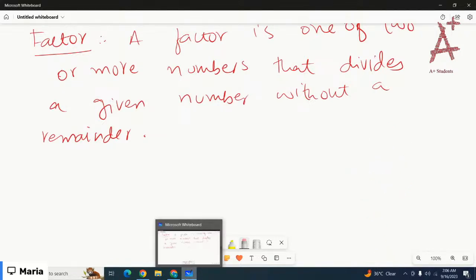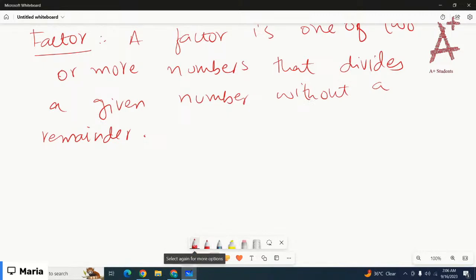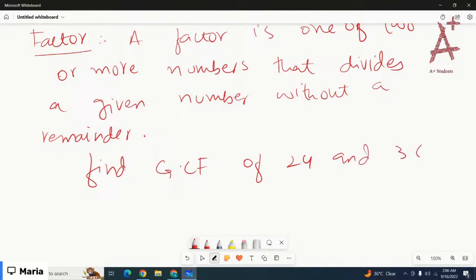For example, the question is: find the GCF of 24 and 36.